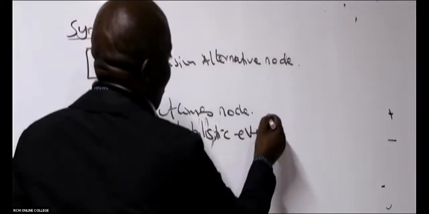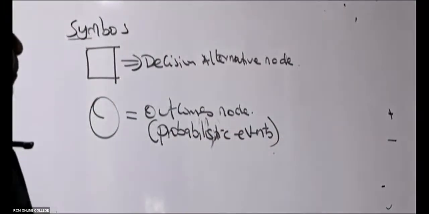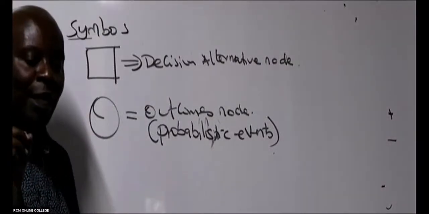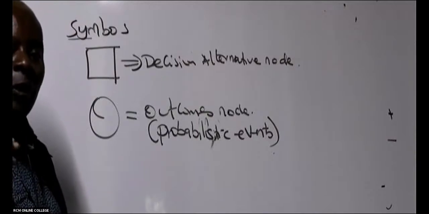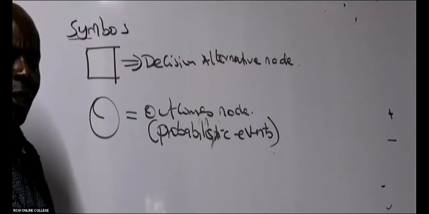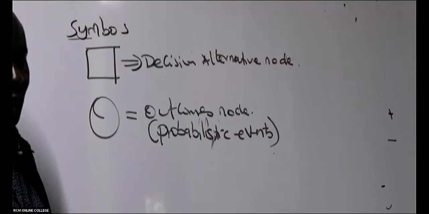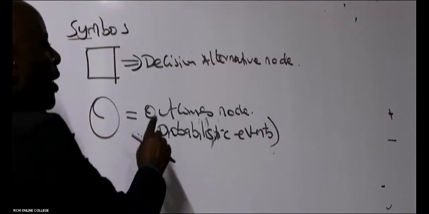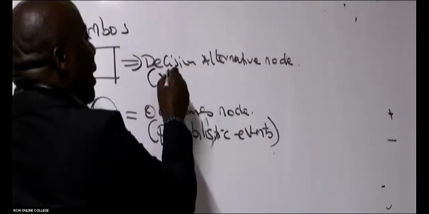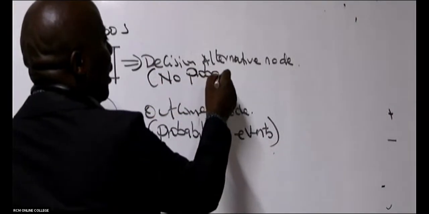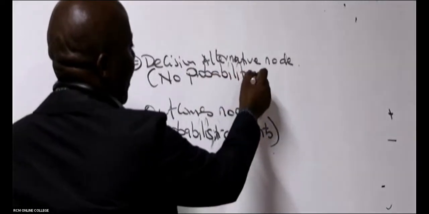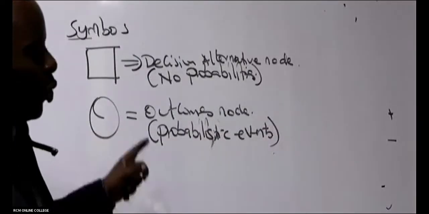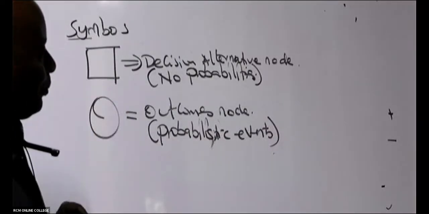These are the only 2 symbols that we shall always be using whenever we are looking at a decision tree. The decision alternatives node has no probabilities. All events without probabilities shall always come from this node.